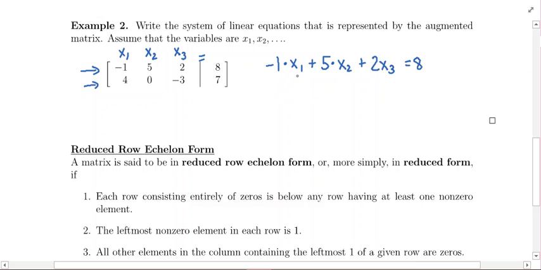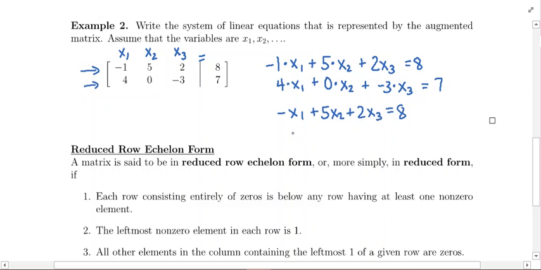And then on the second row, there's a 4 in front of x1, so 4 times x1, plus 0 in front of x2, so 0 times x2, plus -3 in front of x3, so -3 times x3. There's a 7 on the other side of the equal sign. If you just clean that up, you're going to get -x1 plus 5x2 plus 2x3 is equal to 8.